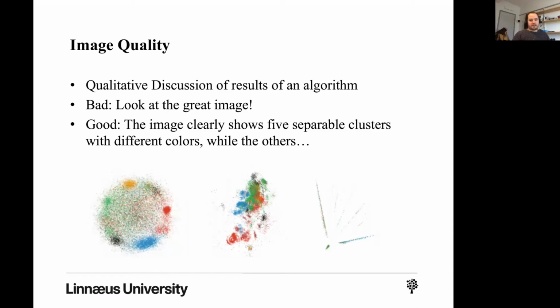Even though it's not the clearest thing in the world, I kind of see 5 separable clusters here. But on the other pictures, I don't see that. And this is the kind of thing that's very hard to actually measure.